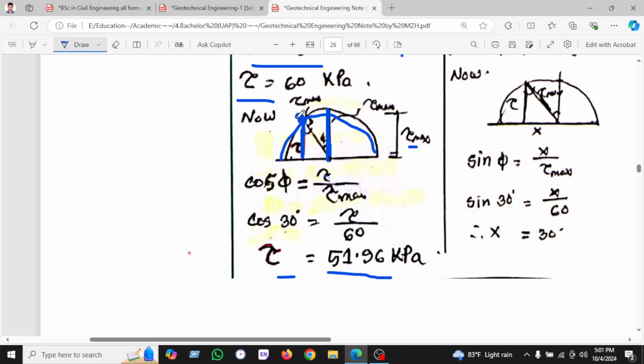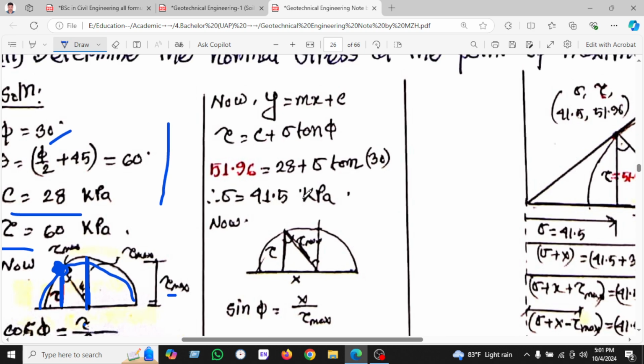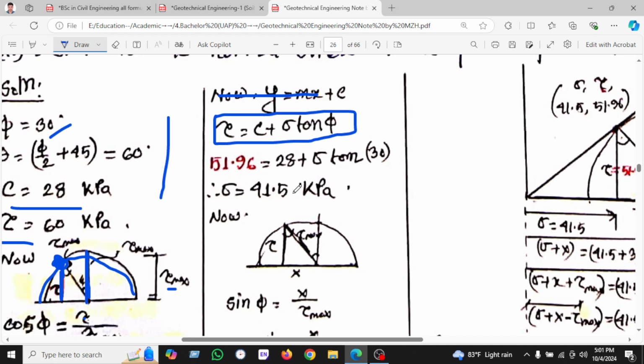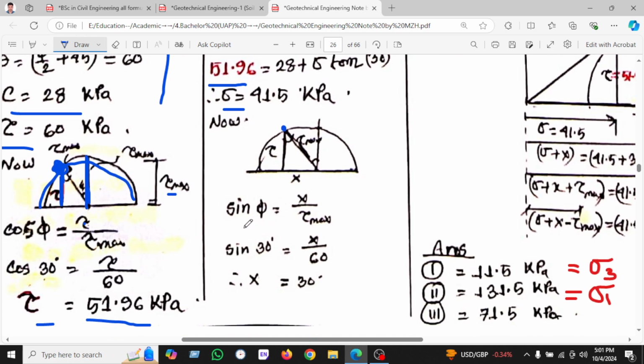This point is 51.96. So we can see another now. This is the formula: τ equal to c plus σ tan φ. We have used this τ value, 51.96, and found σ equal to 41.6.